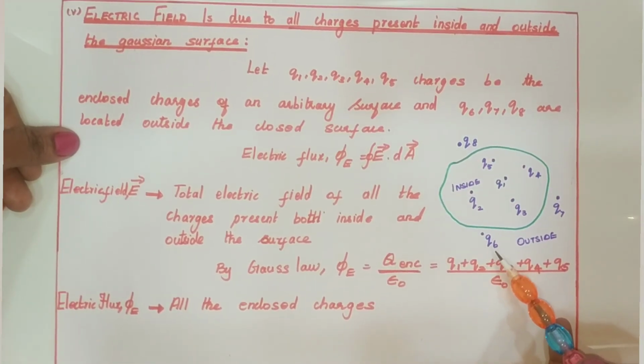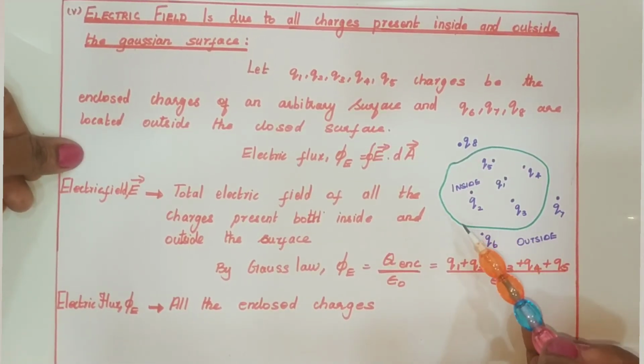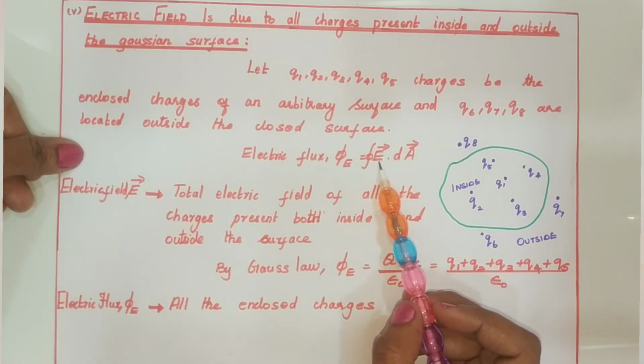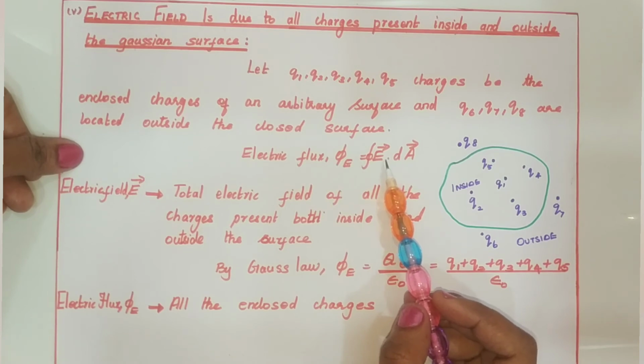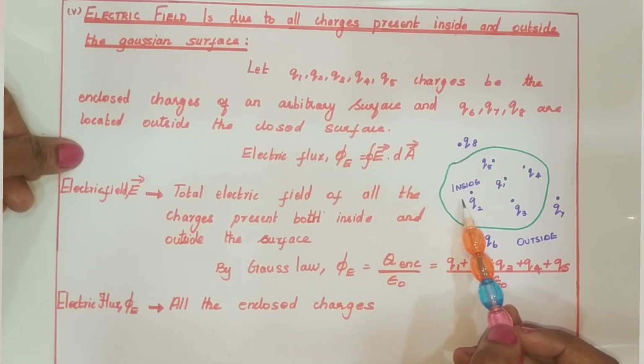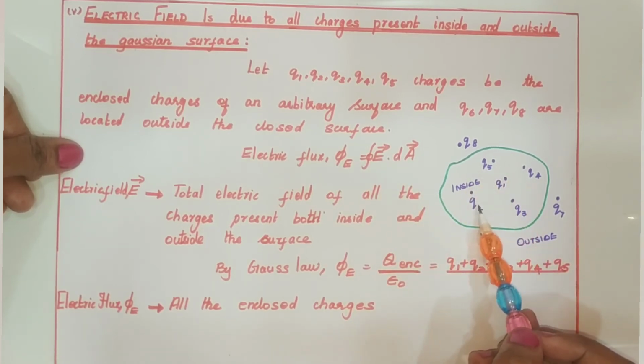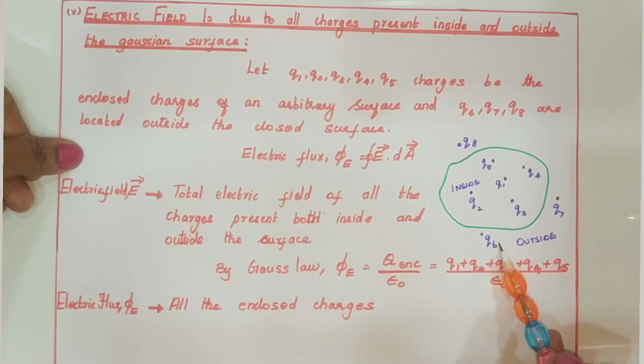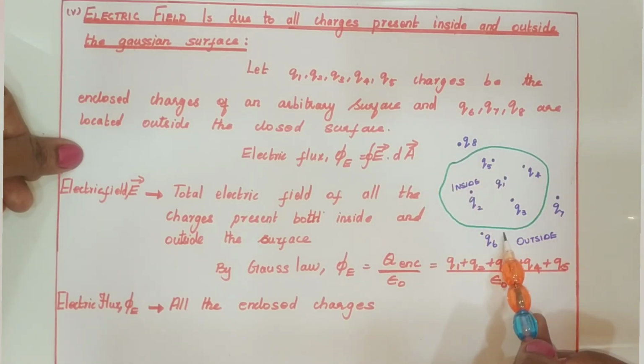Now, the doubt arises: is the electric field E vector, which we use for calculating the electric flux, formed by the charges inside the closed surface or the charges outside the closed surface? This is the doubt we have.